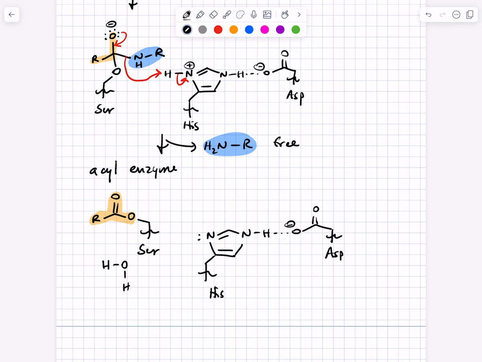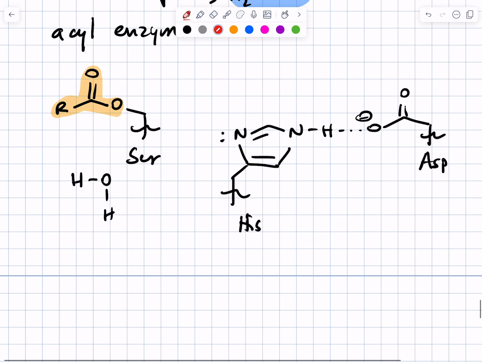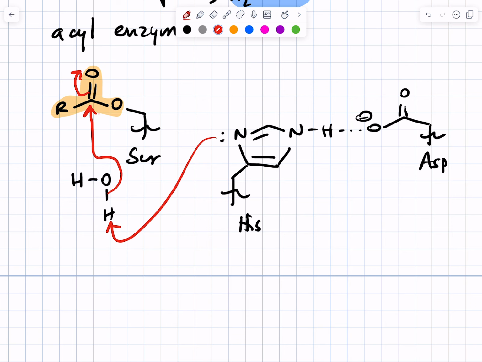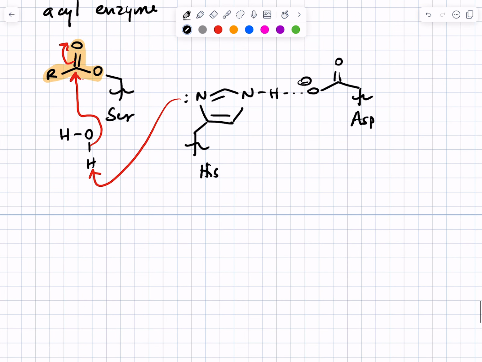What do you think is the first step here? So, I'm hearing deprotonation. Where's my arrow going to start? From the histidine nitrogen lone pair, and then to what? One of the water hydrogens, then it's going to do what? Attack the carbonyl carbon, get a tetrahedral intermediate. Good.